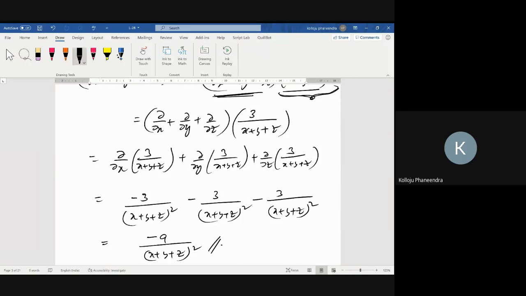And next one, let me explain one problem in change of variables here.